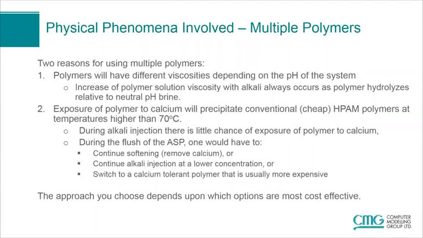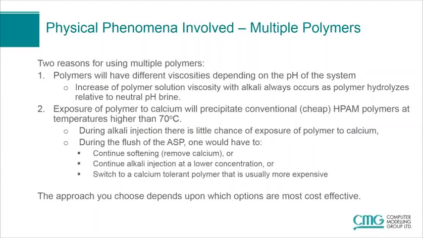Another reason could be if you have a significant amount of calcium in your reservoir, that will cause your polymer to precipitate, conventional HPAM polymers especially, if the reservoir temperature is high, like above 70 degrees C. So during alkali injection, there's little chance of exposure of polymer to calcium.